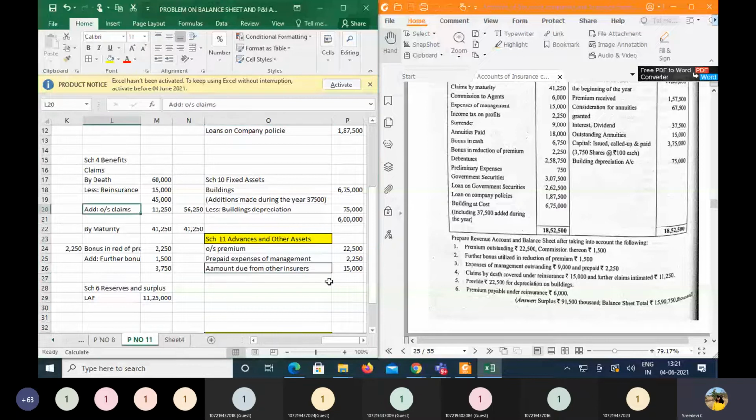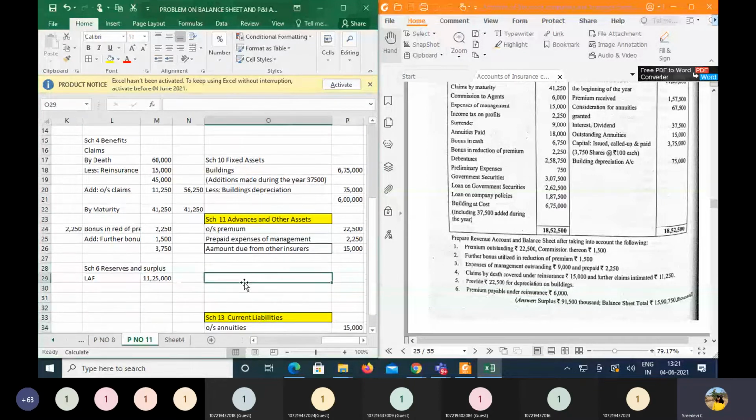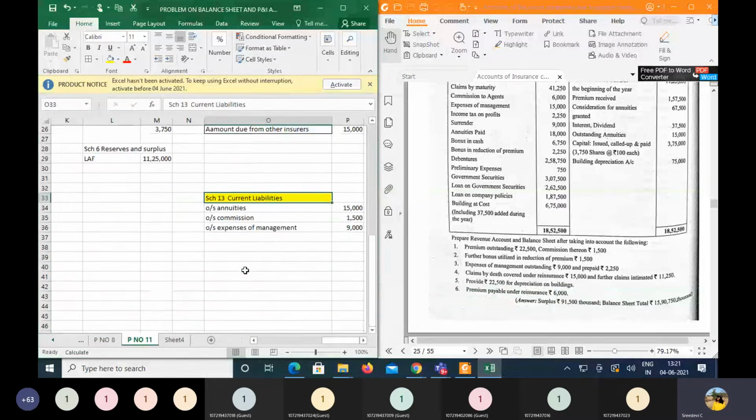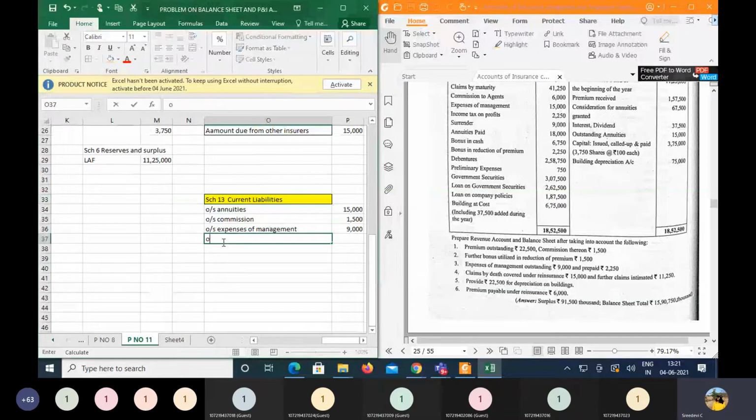The outstanding claims will again be taken to the balance sheet under schedule number 13, that is under current liabilities. So let's show it as outstanding claims, that is 11,250.